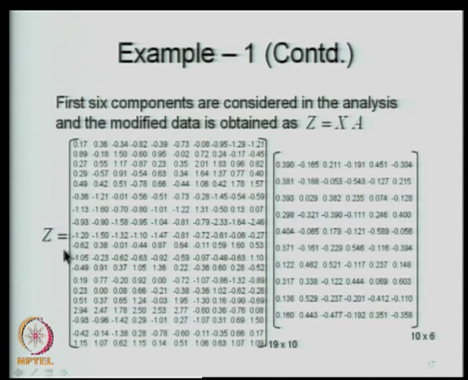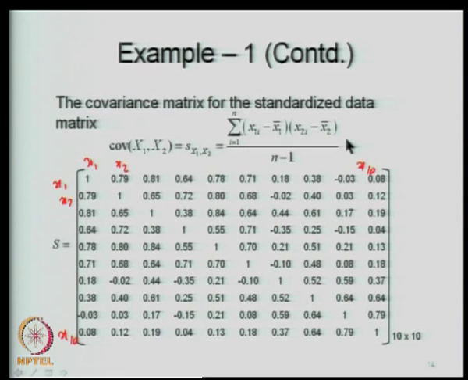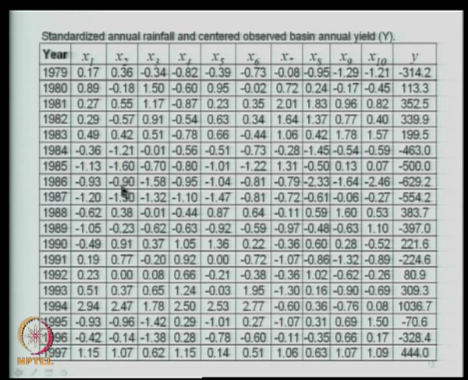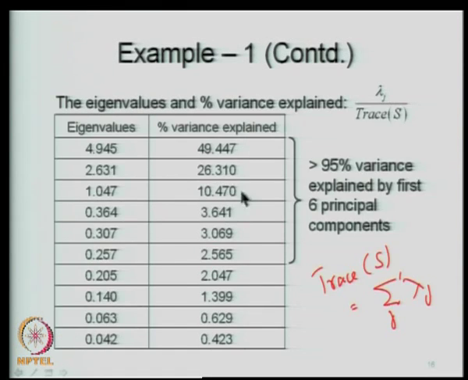And this is your original X value. By original X value, I mean it is a transformed X value, the standardized X values. So, we use this entire data after standardizing, and then put the regression relationship.